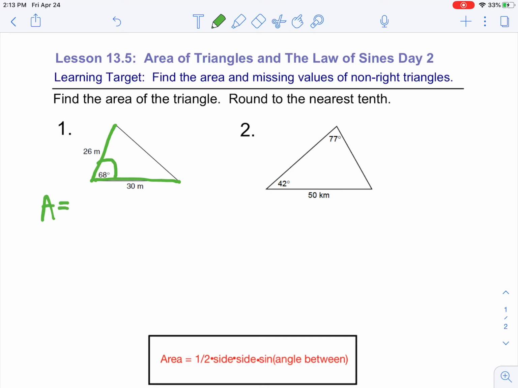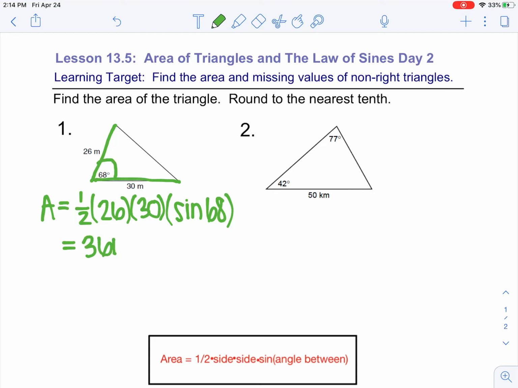So we have the area of this triangle equals 1/2 times 26 times 30 times the sine of 68 degrees. If you plug everything into your calculator and round to the nearest tenth, you should get 361.6 meters squared.